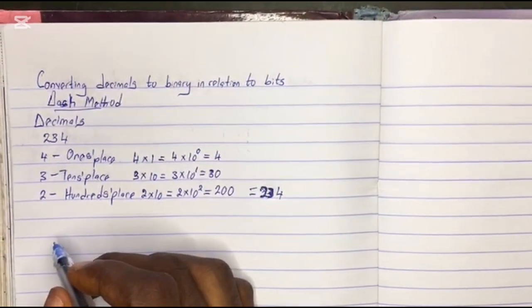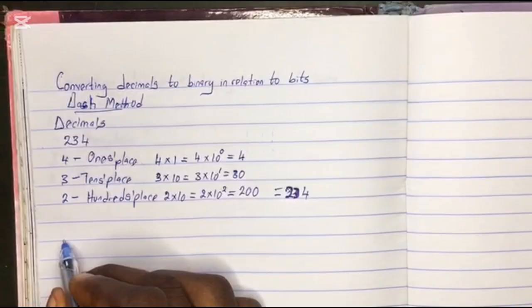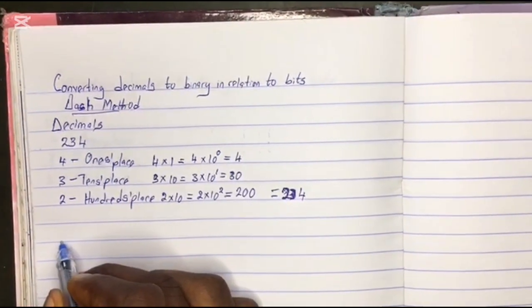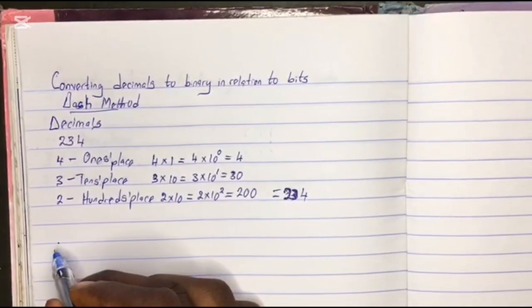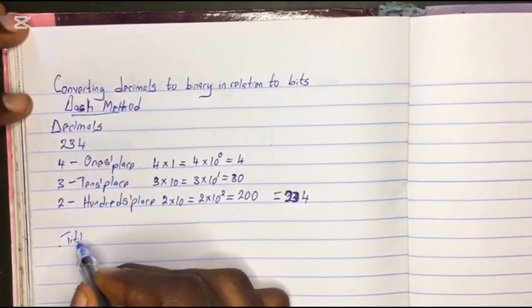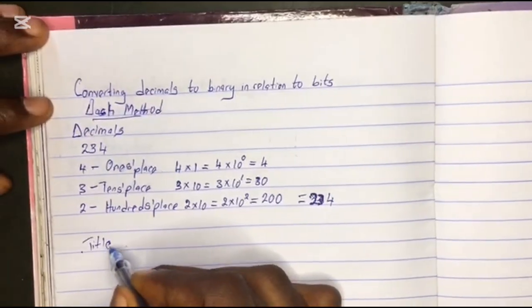So moving on, it's way easier to use the dash method to convert decimals to binary. First, you have to know the type of number you're working with. We call it the title number, which is the number you're being asked to convert.